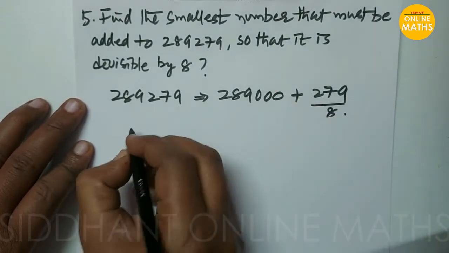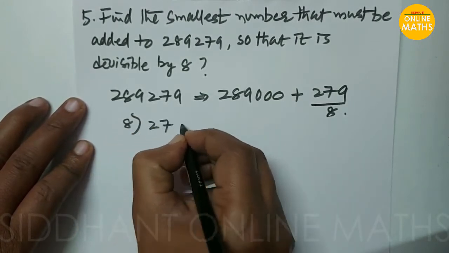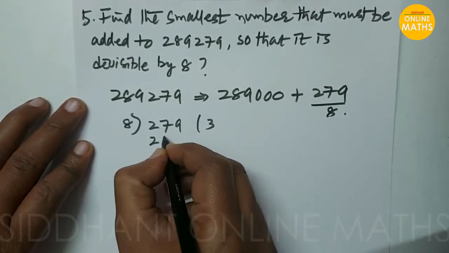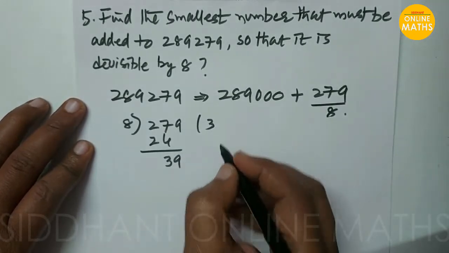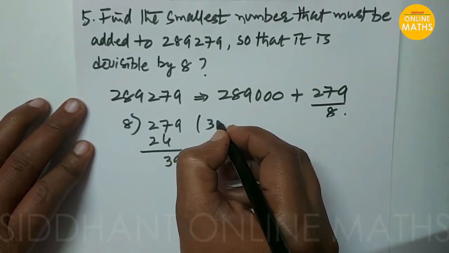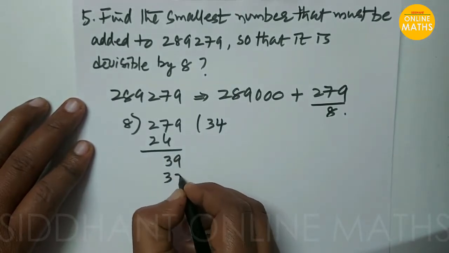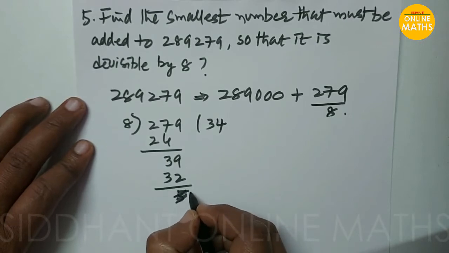So here by actual division, when you are going to see here, it goes 3 times, so 24 we get, again 39 we are going to get, so 4 times 8 we are going to get 32 here, and the remainder is 7 here.